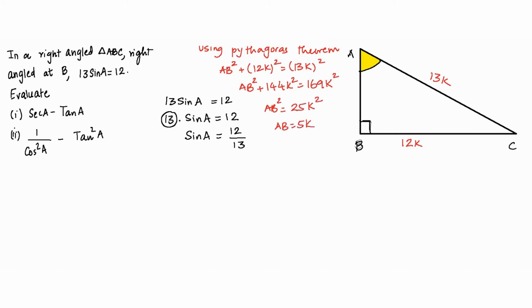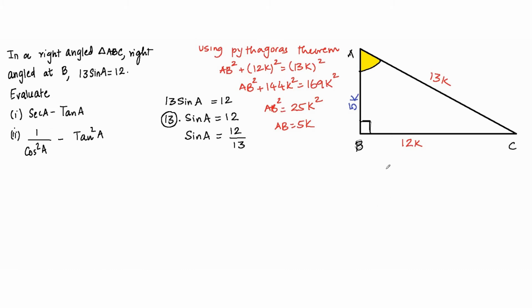So using Pythagoras theorem, I found that AB is 5K. And now it's possible to find all trigonometric ratios, right? I now have a triangle whose three sides are known, so I can find all the trigonometric ratios.